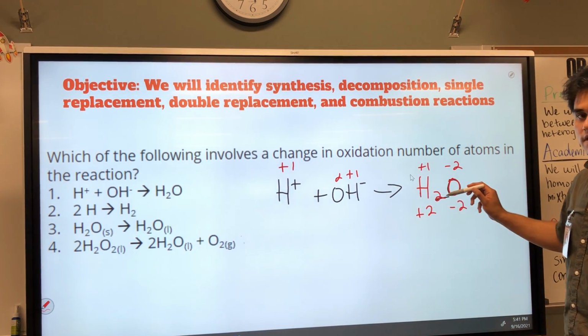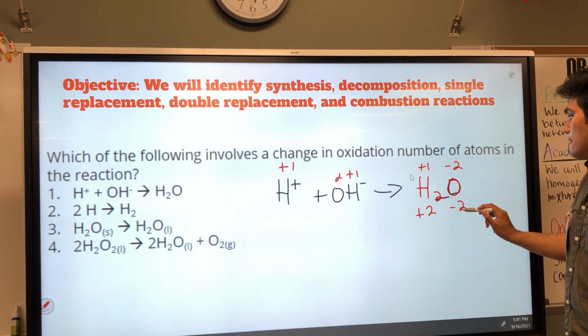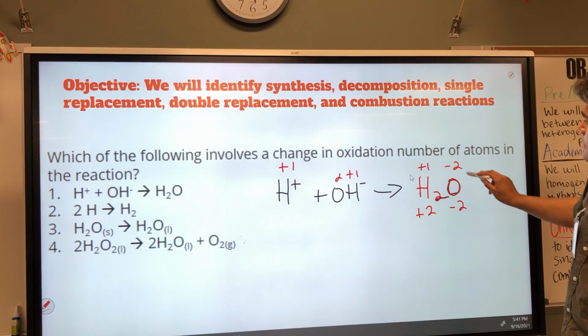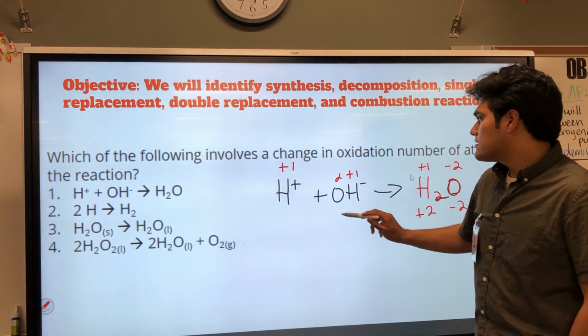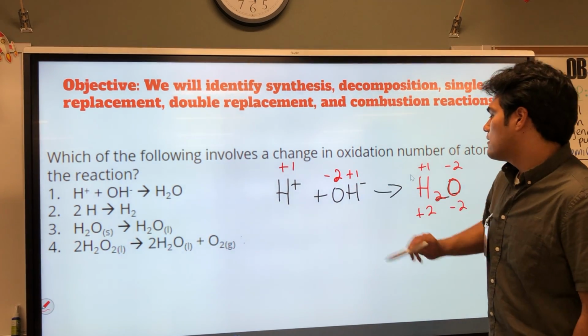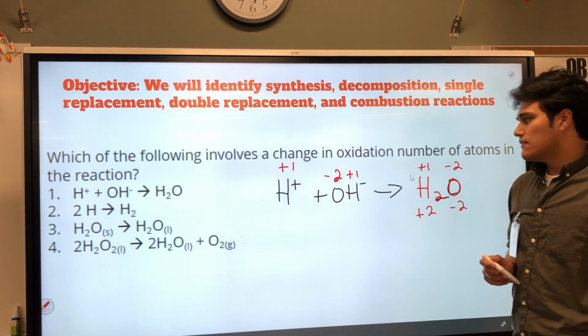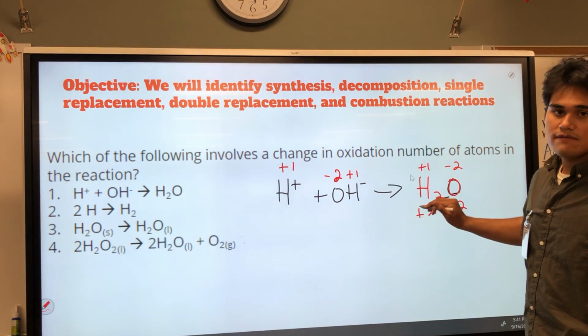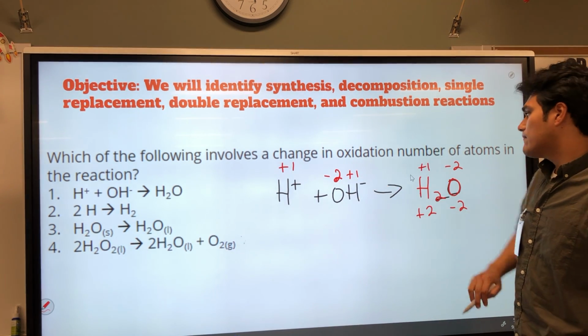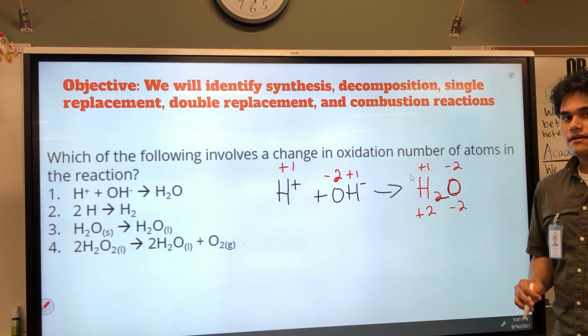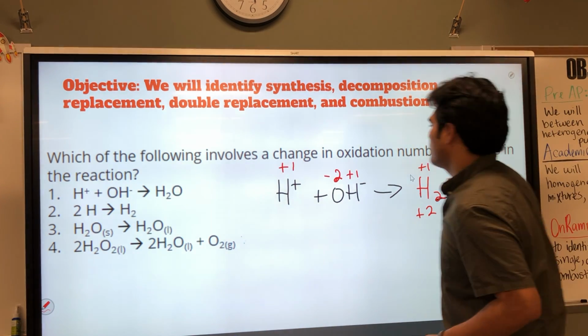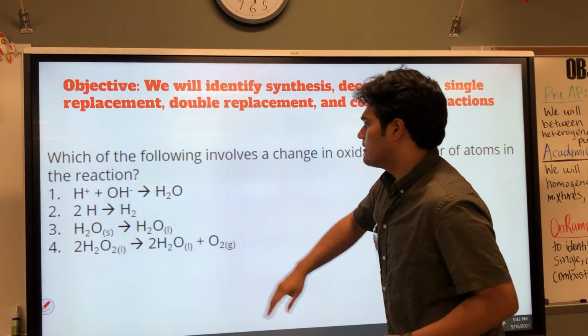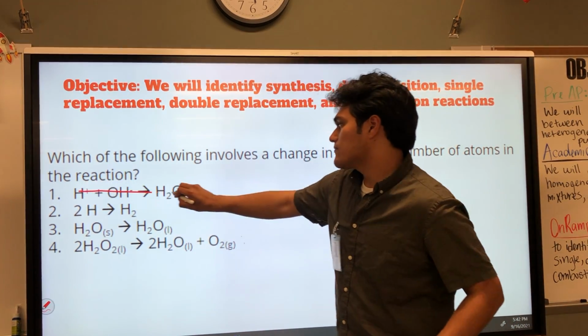It didn't have a charge to begin with, so we're good here. There is no change in oxidation number. So we have +1 here for hydrogen, +1 over here for hydrogen. Oxygen, we started off with -2. It still has a -2 oxidation number. So that one is not a redox reaction.